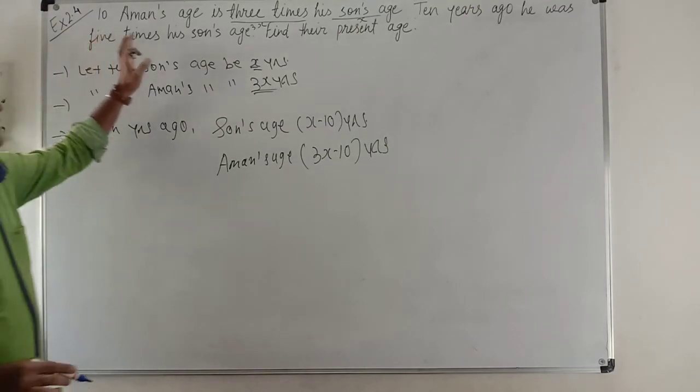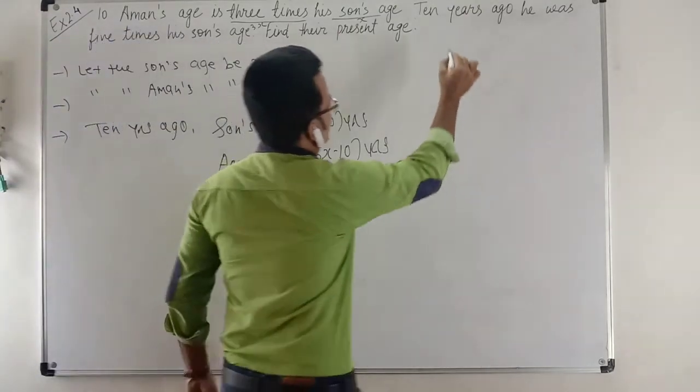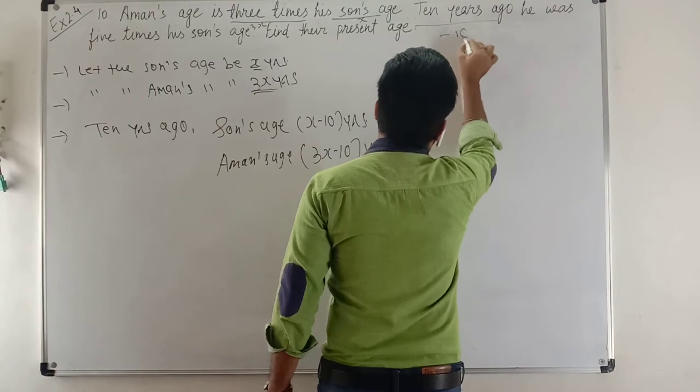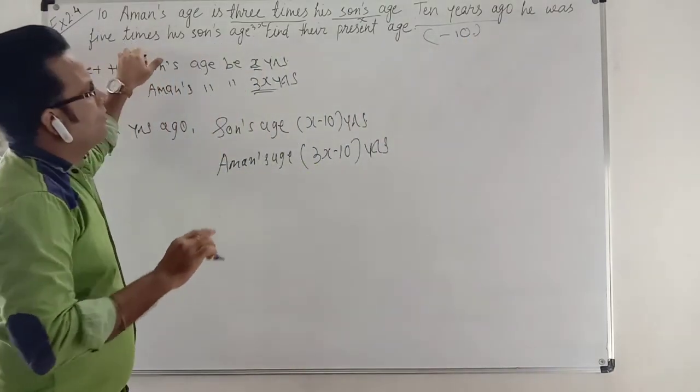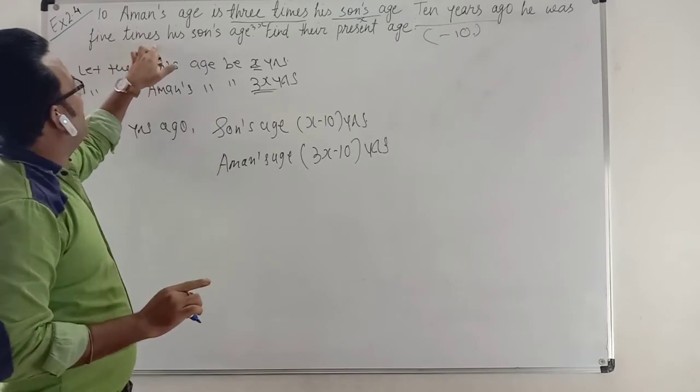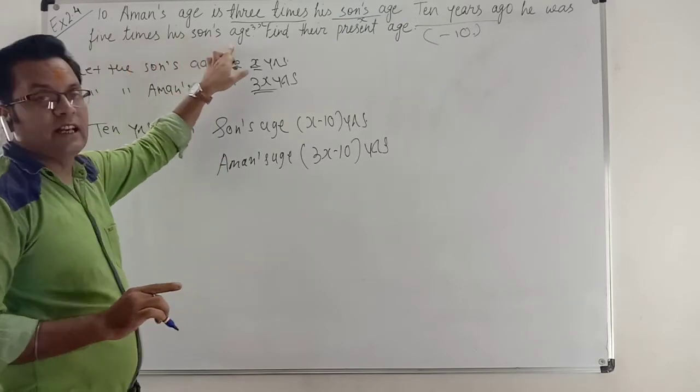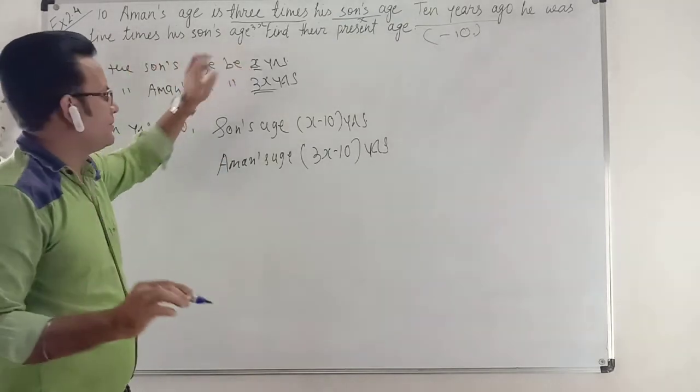Now you have to understand, 10 years ago means you should understand that minus 10. Now, 10 years ago he was 5 times his son's age, means Aman.